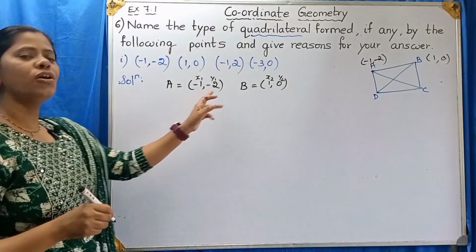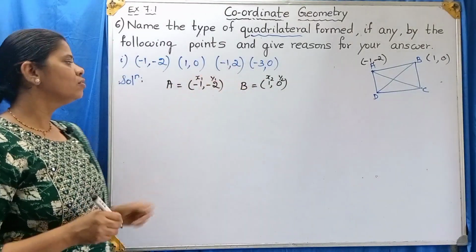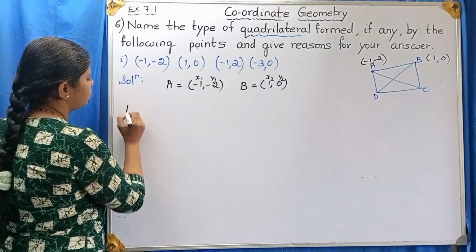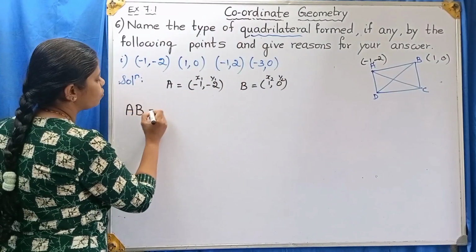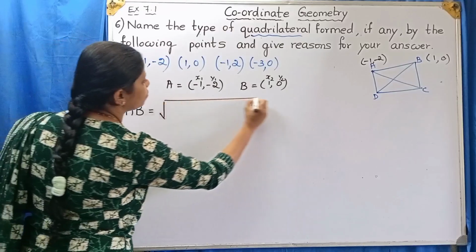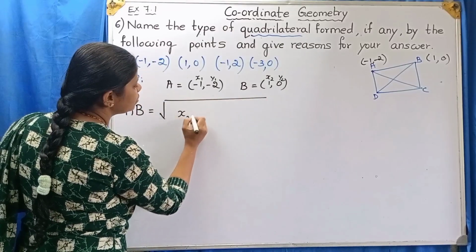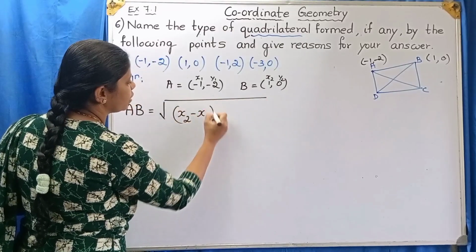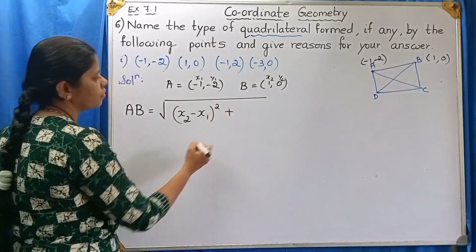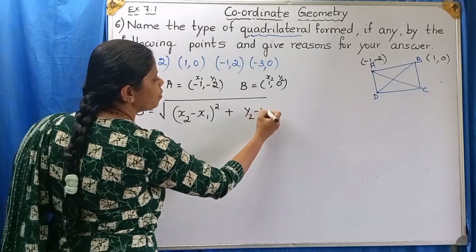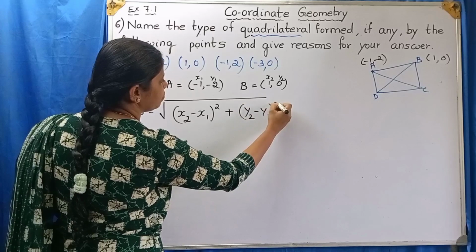Then what is the formula to find out the distance between the 2 points? AB is equal to square root of x2 minus x1 the whole square plus y2 minus y1 the whole square.